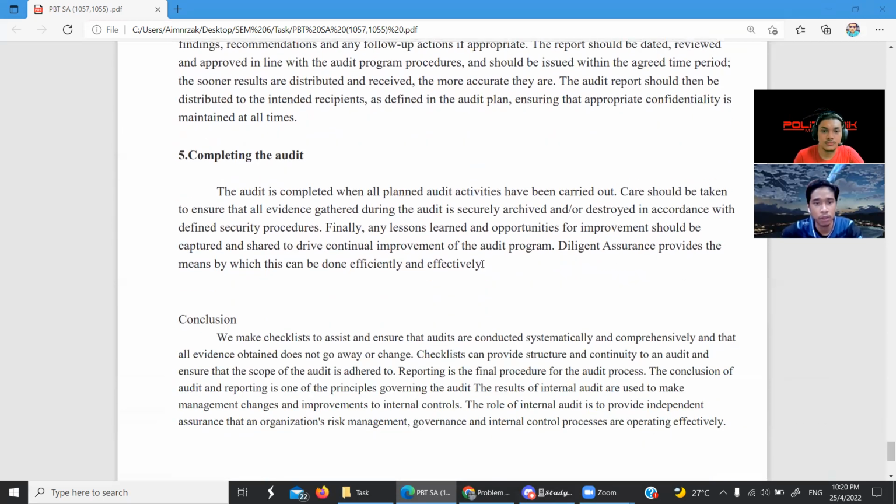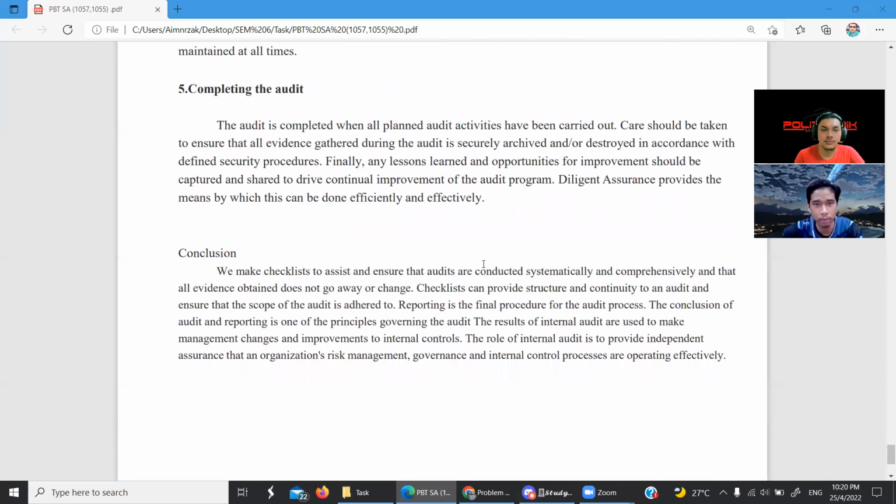So for the last step of conducting audit activities, it is completing the audit. The audit is completed when all planned audit activities have been carried out. Care should be taken to ensure that all evidence gathered during the audit is securely archived and/or destroyed in accordance with defined security procedures.